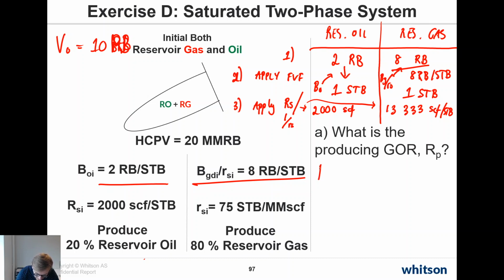We know that the Rp is defined as the surface gas from the reservoir oil plus the surface gas from the reservoir gas phase, over the surface oil phase from the reservoir oil and the surface oil phase from the reservoir gas. Here we know that the surface gas from reservoir oil was 2,000 scf.